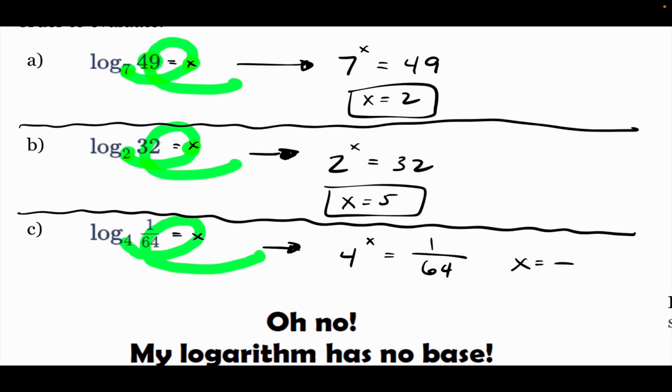It has to be a negative. The only way to go from a number to a fraction is a negative exponent. So to make it negative, it went down to the bottom. And then 4 to what power makes 64? 3, negative 3. 4 to the third power makes 64. But that's not 64. That's 1 over 64. So to flip it to the bottom, it has to be a negative power.